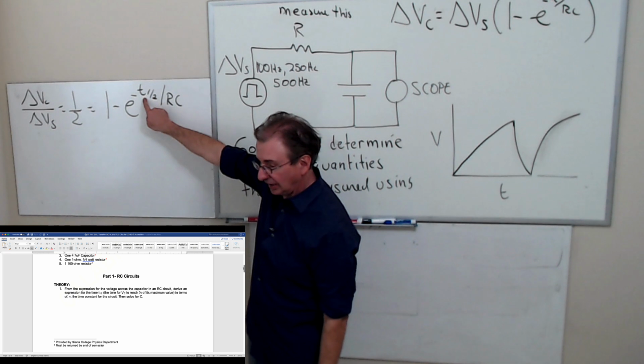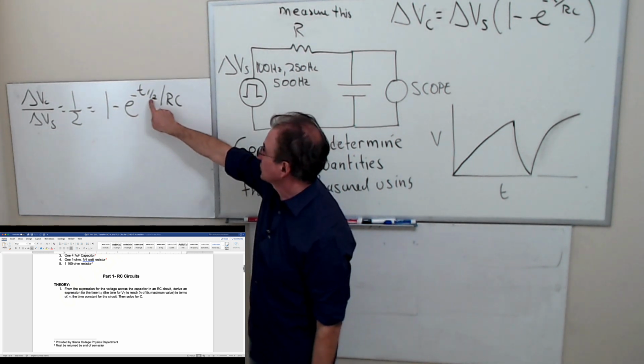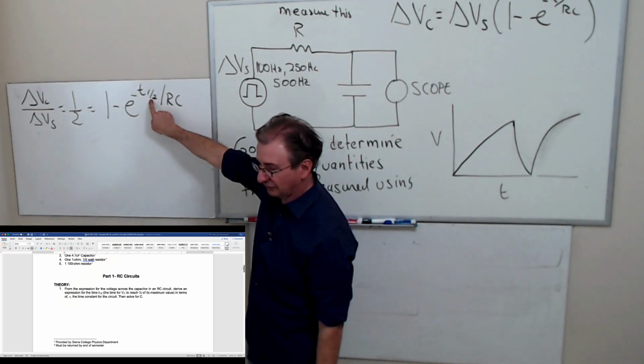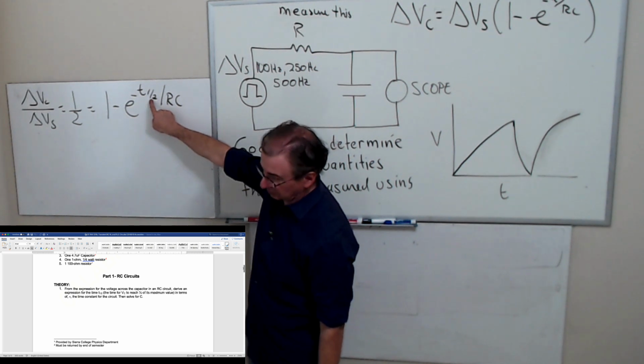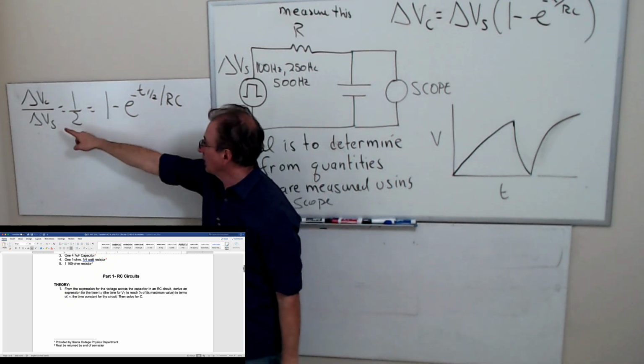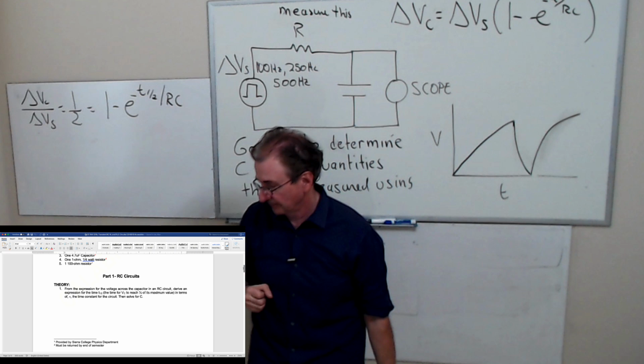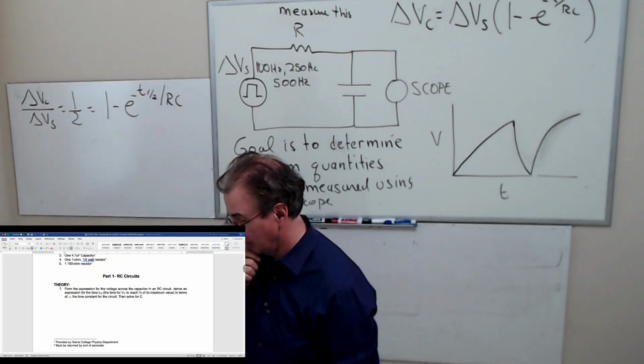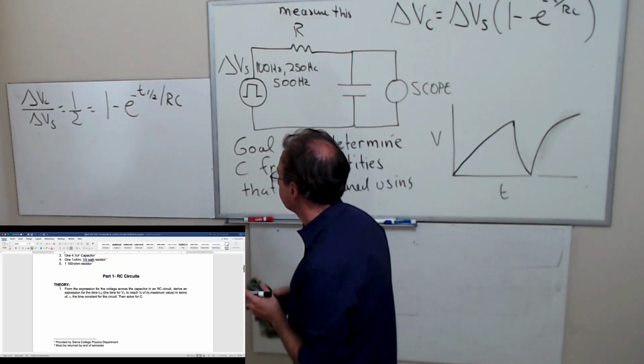This is T subscript 1/2. This is the time in which this ratio equals 1/2. I'm going to solve for that.